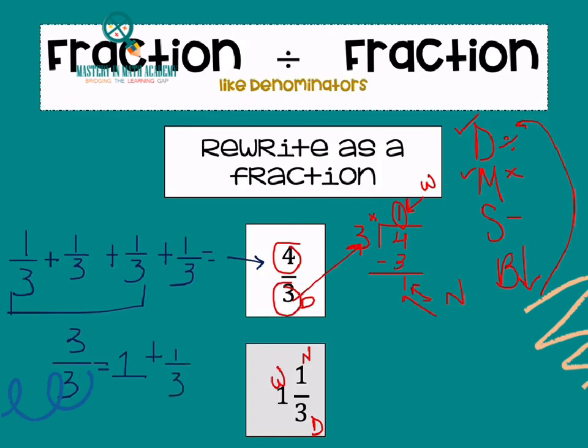Remember, we spoke about this in our adding fractions lesson. 1 plus 1/3 is the same thing as 1 and 1/3. And this is how we will read it. If you have a whole number and you have a fraction, the way you will read it is 1 and 1/3, or whole number and fraction.